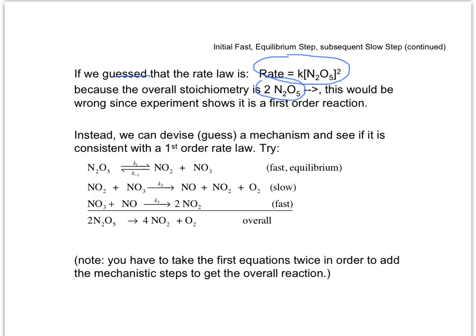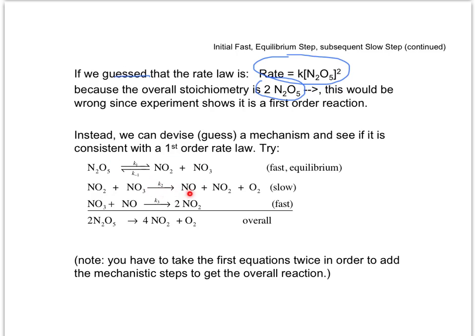All right, now equilibrium means that at any point in time after the equilibrium is established, there's going to be a certain concentration of N2O5 and NO2 and NO3, and if the system's at equilibrium, those values should be constant. Now this happens quickly, so the concentrations of N2O5, NO2, and NO3 are established, and then in the next step you can see that the NO2 and the NO3, instead of going back to form N2O5, go forward.